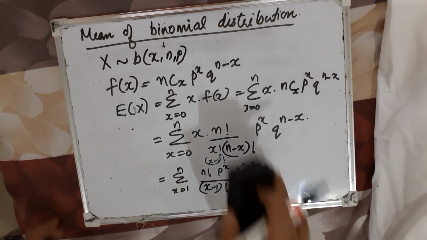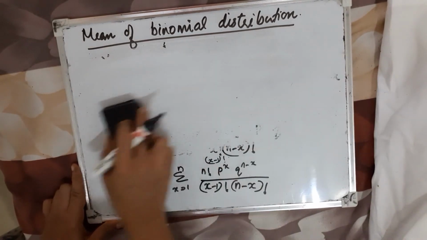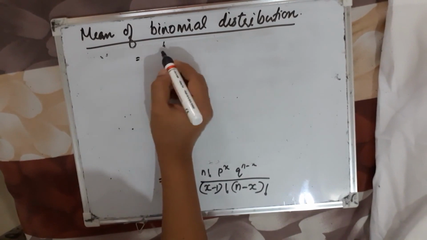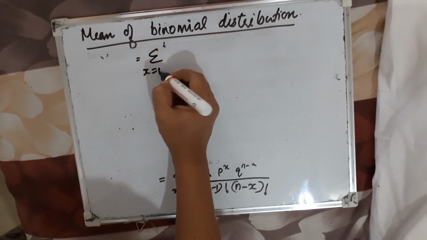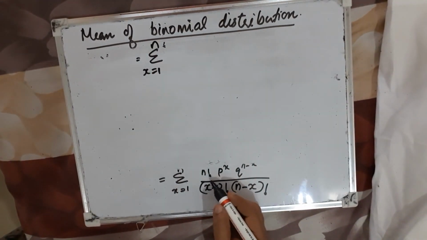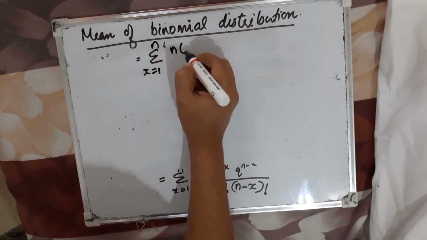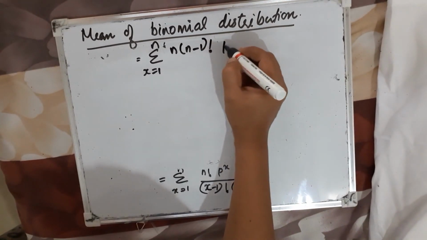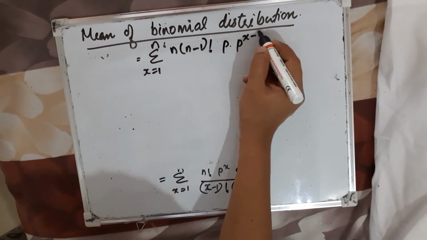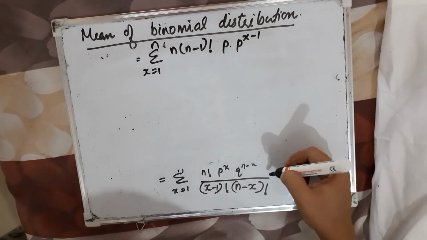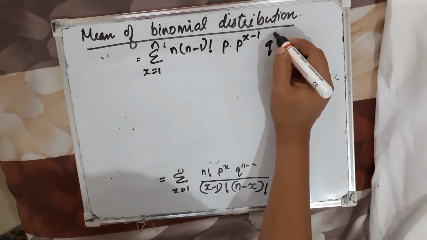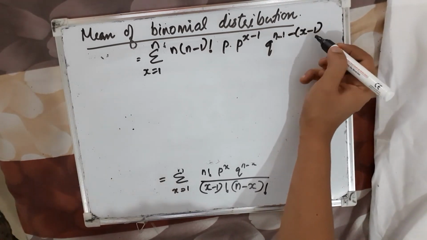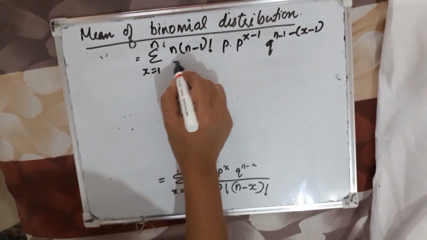In the next step, we are rearranging these terms. It is equal to sigma x equal to 1 to n. This n factorial can be written as n into (n minus 1) factorial. Then p^x is p into p^(x-1). q^(n-x) is q^((n-1)-(x-1)).